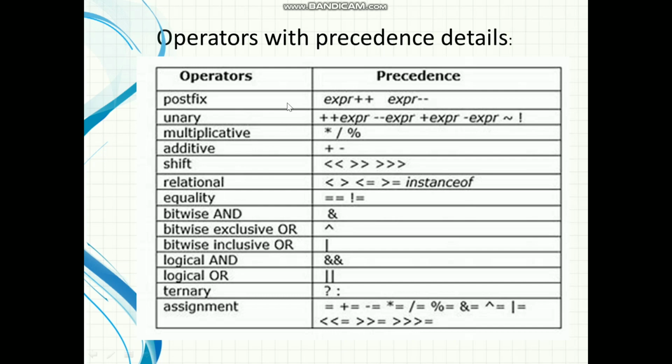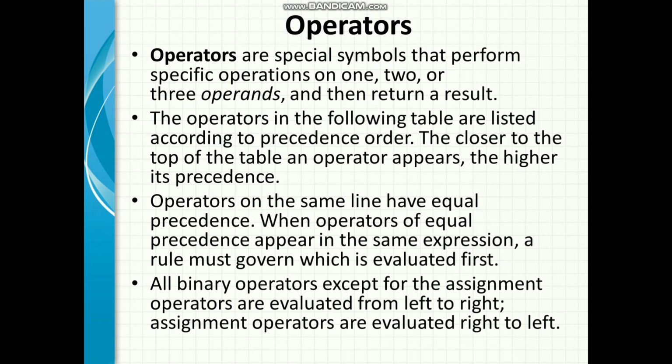But at the same level we also see some more expressions: plus plus, that is incrementing and decrementing here. Then we have plus, minus, into, division. These are different types of operators, but they are at the same level. So what will happen at that time? For that we have the golden rule: all binary operators except for the assignment operators are evaluated from left to right.